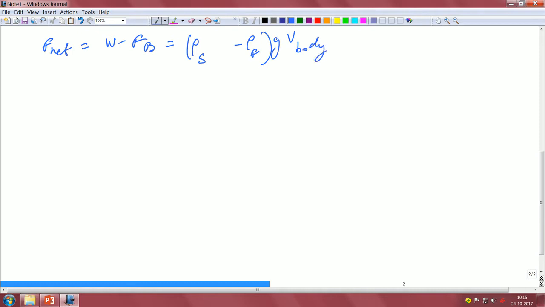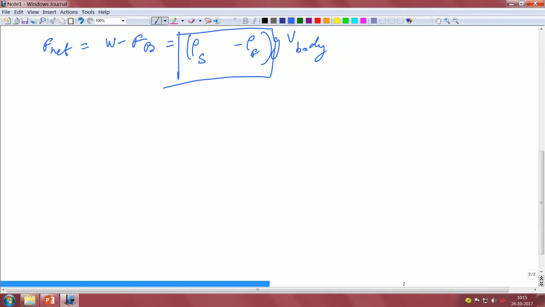So, in a way all it says is that the net force is basically proportional to the difference in the densities of the fluid and the body, that is what it is, right. This is the famous Archimedes principle, right. You have heard the story for a long time, right. So, it is the difference in density, that means the body is displacing some volume of fluid.